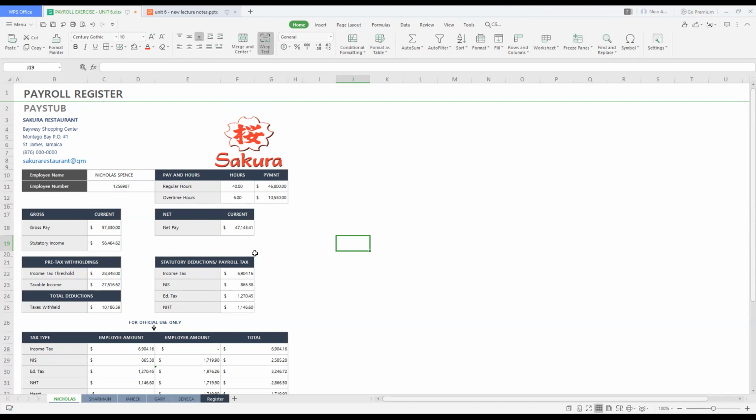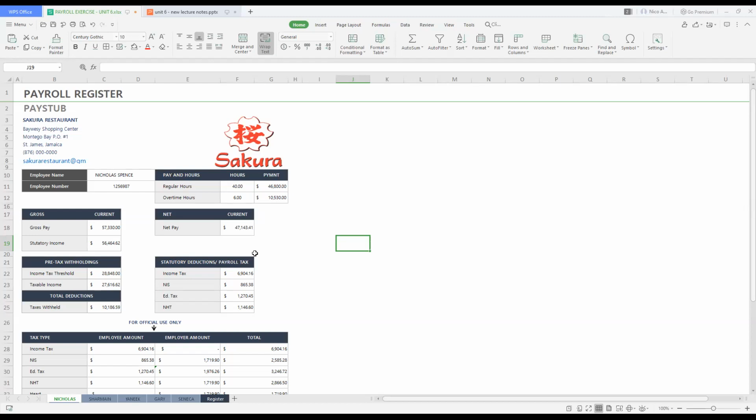Now we need to do the deductions, because it says calculate gross pay, total deduction, and net pay for each employee. So we have to take out income tax, NIS, education tax, and NHT, to get the net pay.